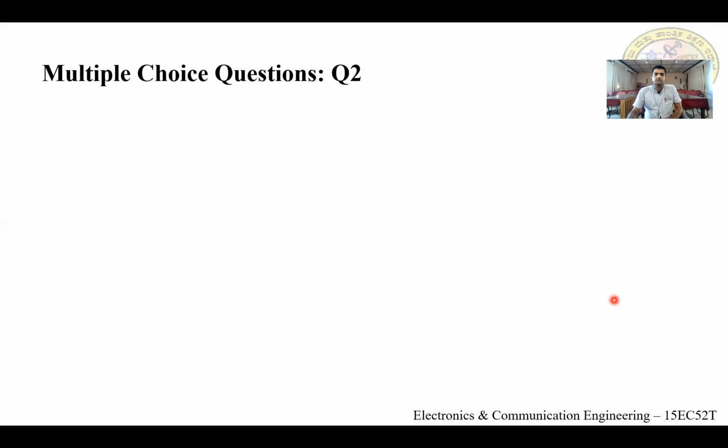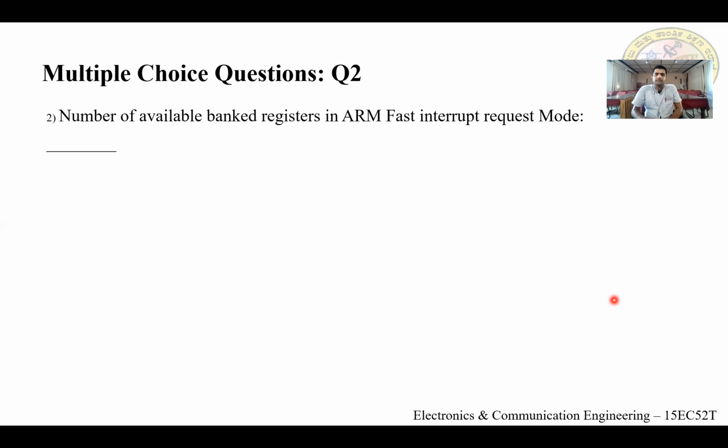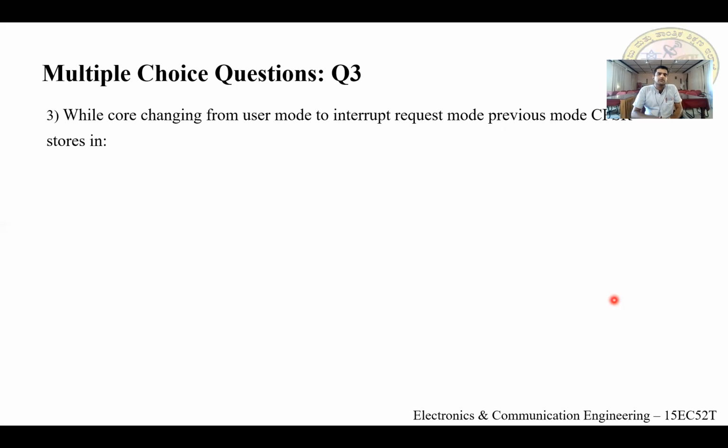Question number 2: the number of available banked registers in fast interrupt request mode. In total we have 20 banked registers, out of which 8 registers are available in fast interrupt request mode. So the answer is 8. Third question: while changing from user mode to interrupt request mode, the previous CPSR is stored in.